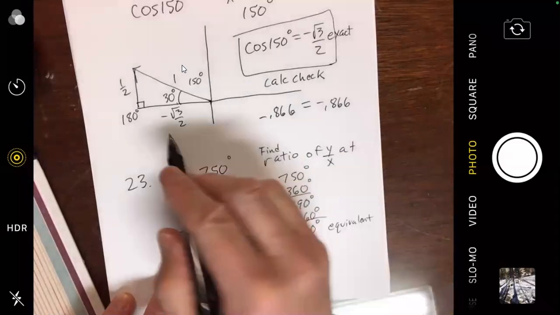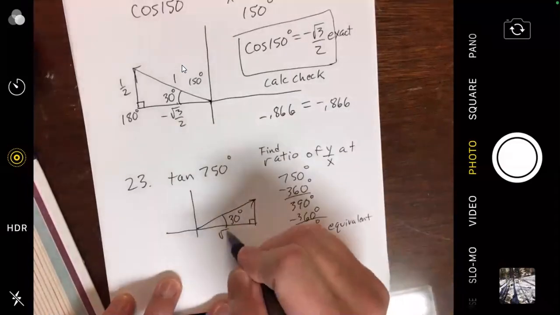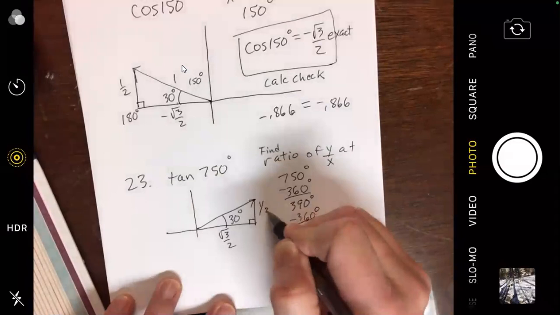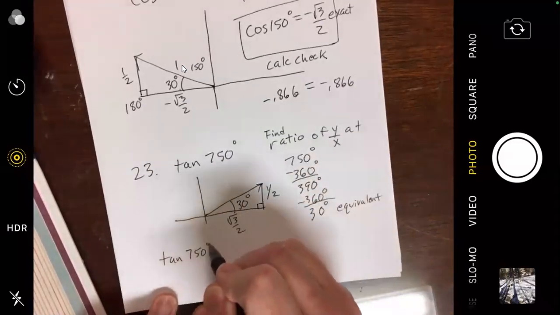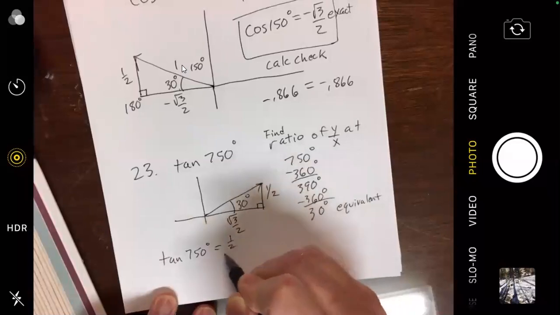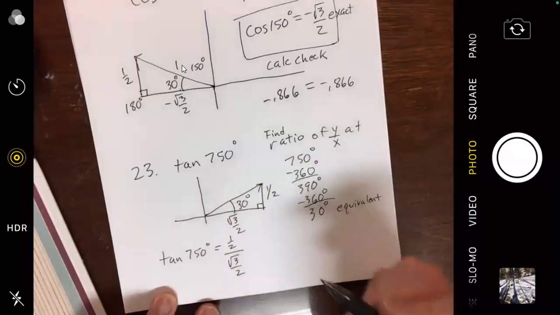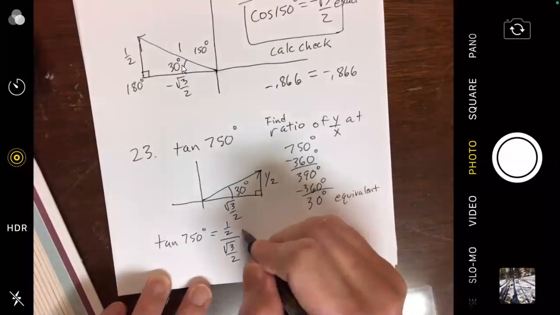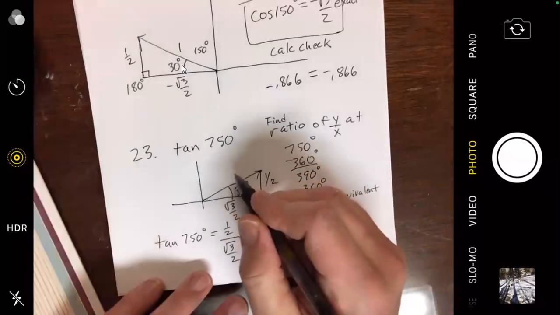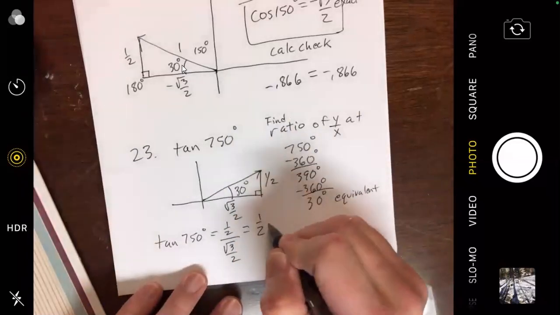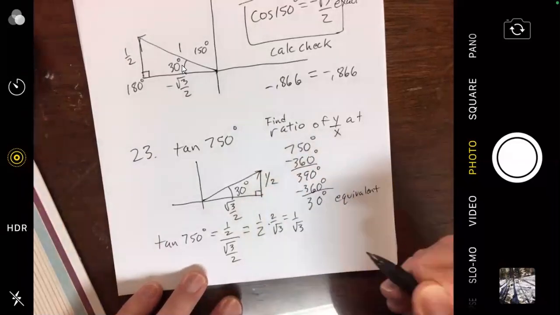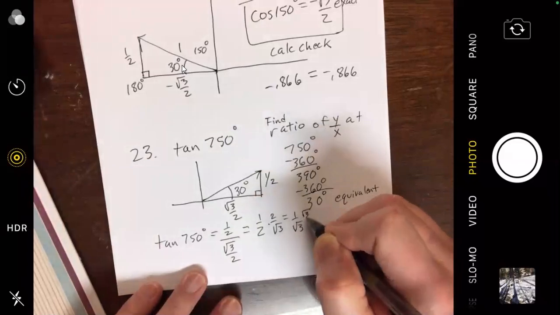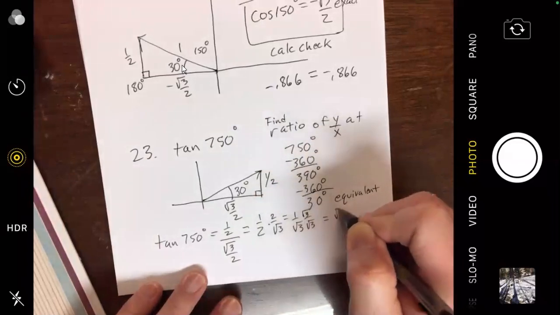Your long side, just like up here, it's just positive root 3 over 2. Your short side's a half. Your tangent will then equal the y divided by the x. Don't really have the tangents memorized, except at 45, they're ones. 1/2 times 2 over root 3, which is 1 over root 3. And they usually rationalize it, making it root 3 over 3.